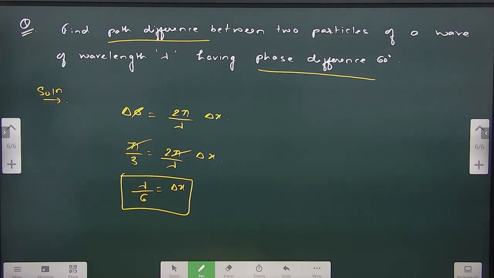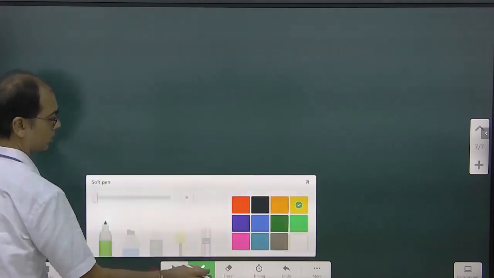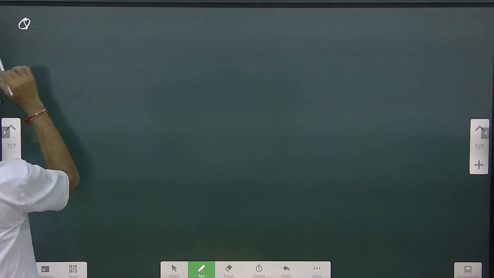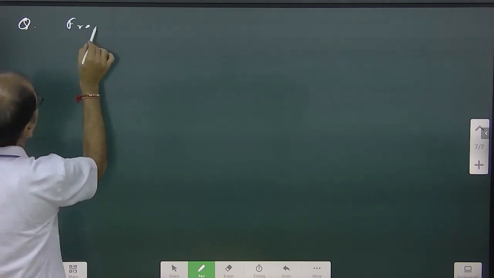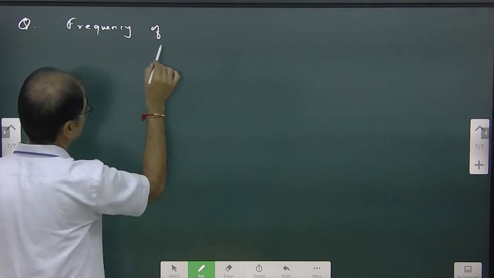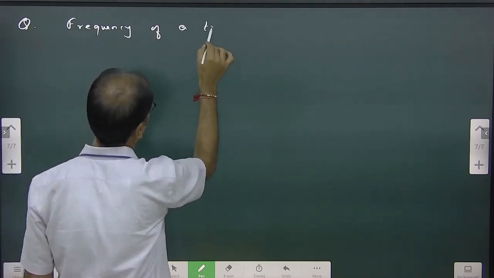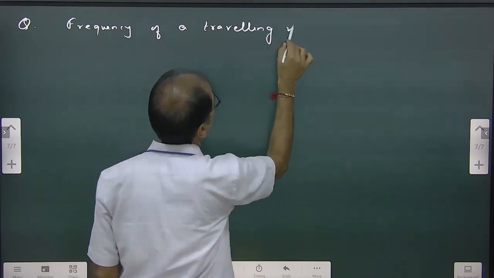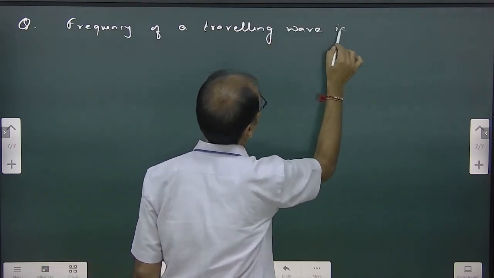Done? Okay. Another one, similar. It says the frequency of a traveling wave is 40 hertz.